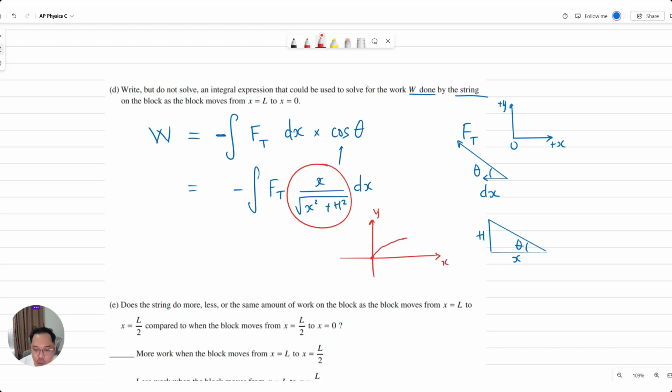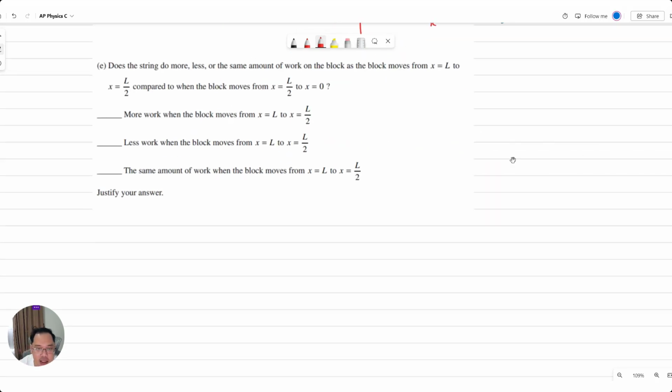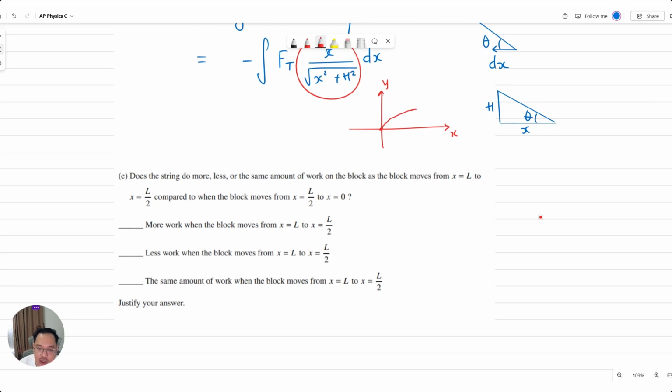Okay, and therefore the work for the second part moving from L over 2 to 0 will be less, and the work done for the first part moving from L to L over 2 will be greater. Okay, so the answer we would choose is more. We choose this one: more work when the block moves from x equal L to x equal L over 2. Okay, and finally we need to justify the answer.